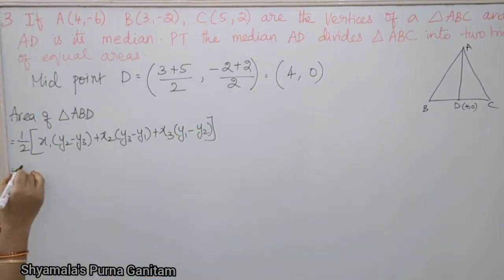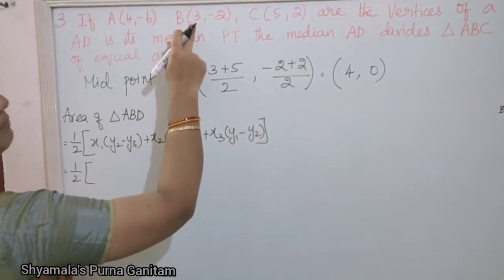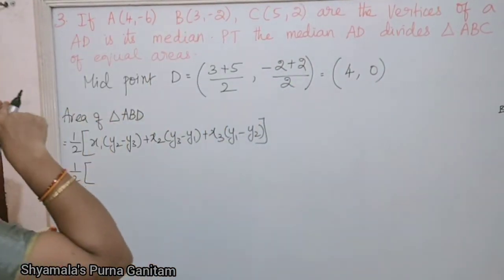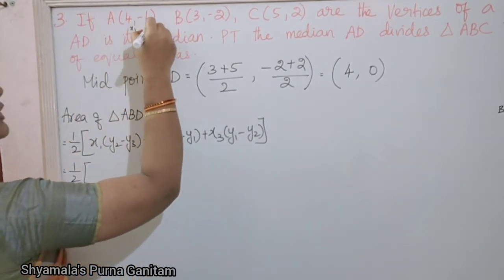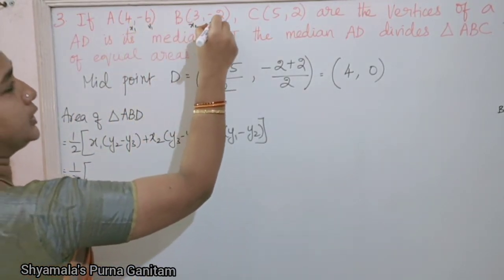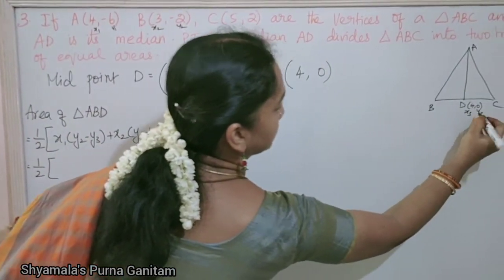Now I am substituting it. For ABD, the value of D is 4, 0. This one is x1, y1, this is x2, y2, and that one is x3, y3.